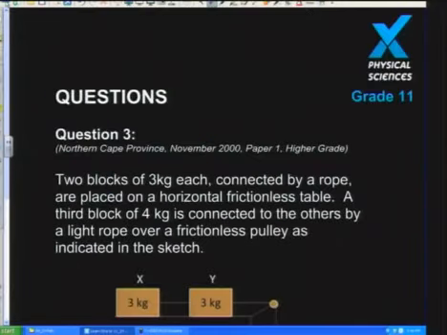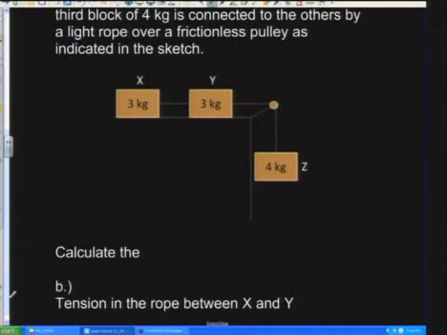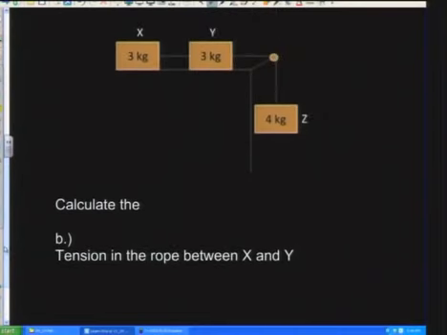Let's move to the second part of the question. It says, hold on, guys. We don't just want to know about block X. We want to know what is the tension between X and Y. What is this force over here? Now, let's try and work that out.